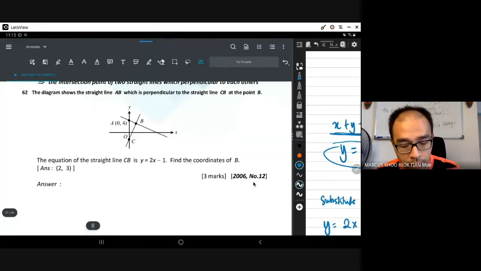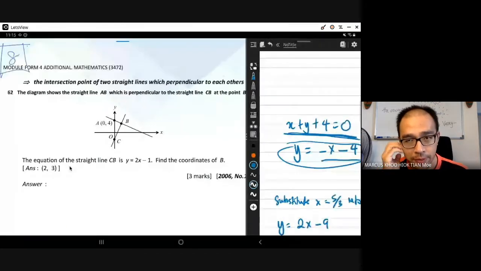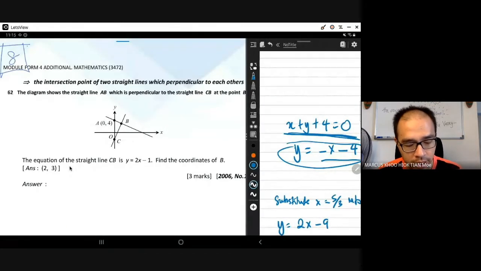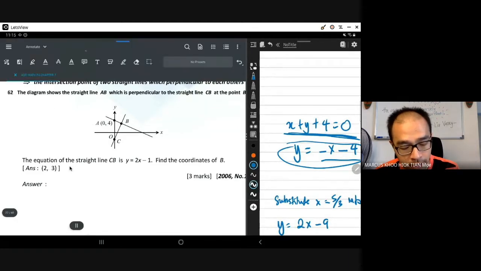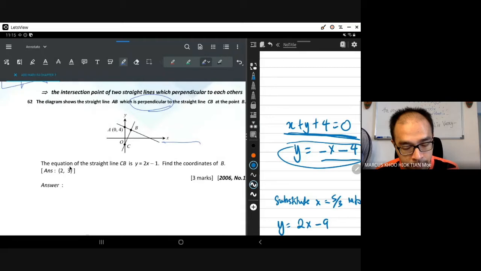The diagram shows the straight line AB which is perpendicular to the straight line CB at the point B. So it is perpendicular, and this one over here is the intersection point.